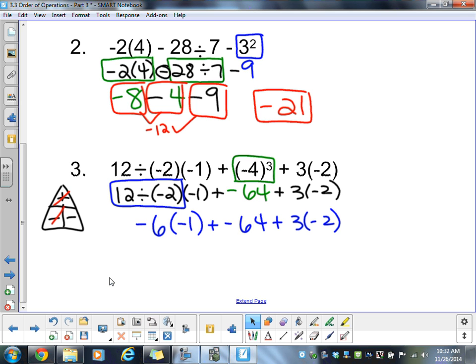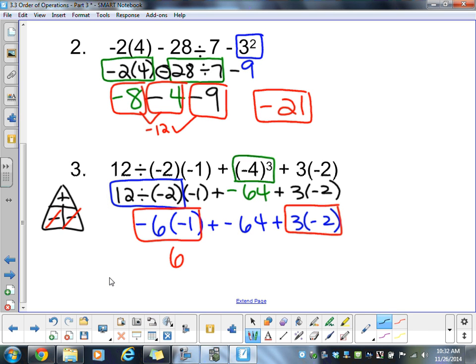All right, so I still have some multiplication left. I did that first division part. Now it looks like I can multiply -6 and -1, and this 3 and -2. So -6 times -1, I have a negative times a negative. That's going to give me a +6.